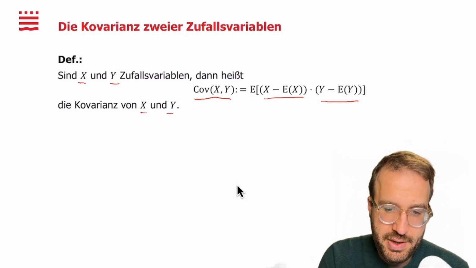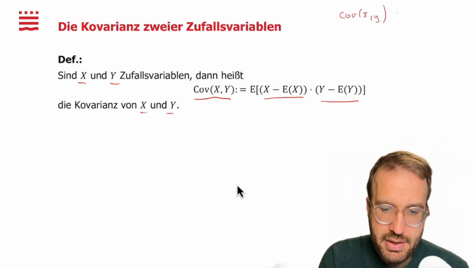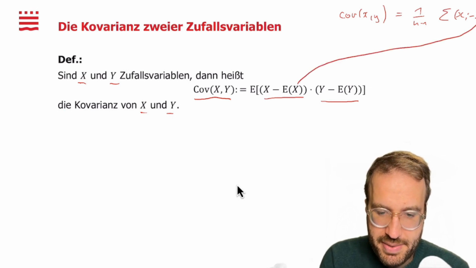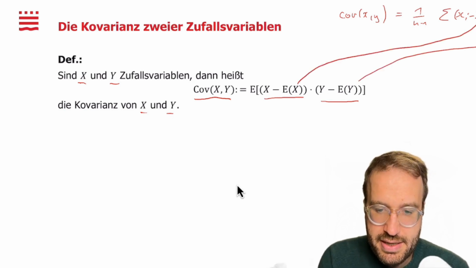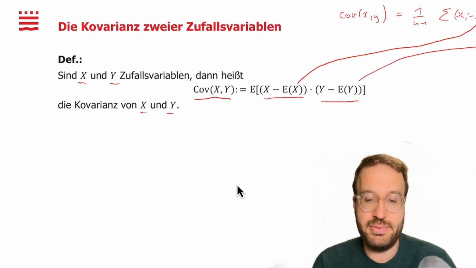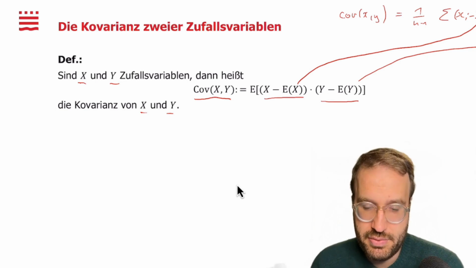If you think again about the covariance of X and Y in the data, it was more or less the case that you take the sum of the products of x_i and y_i, and this sum divided by n minus 1 is also something similar to an expected value.